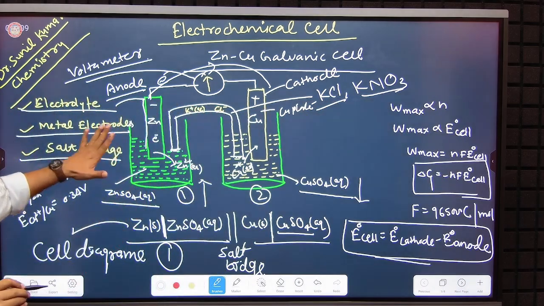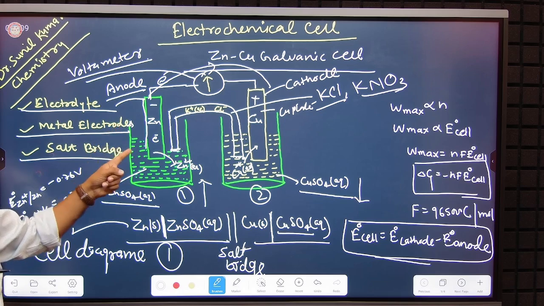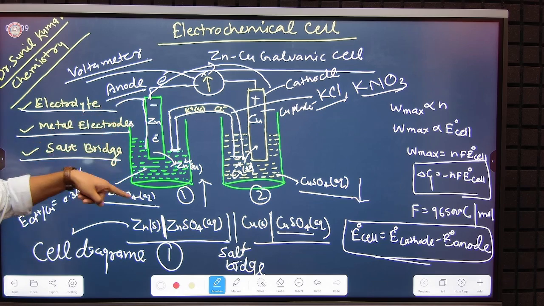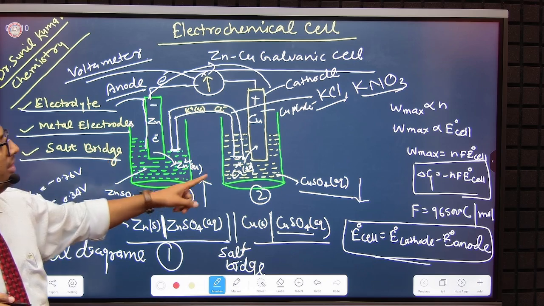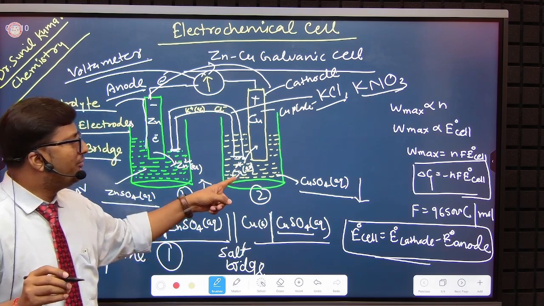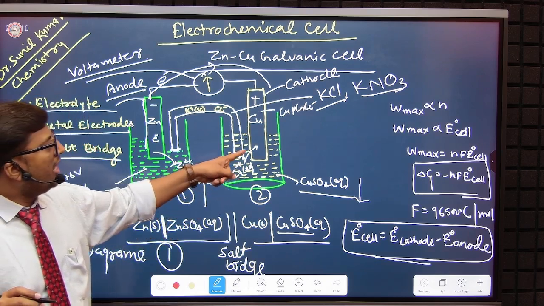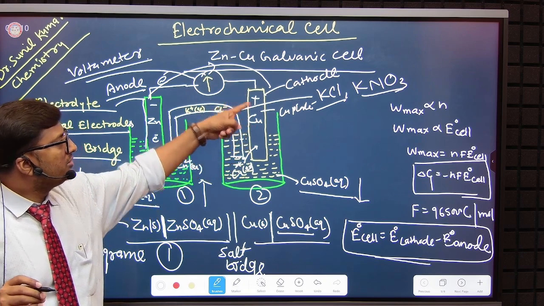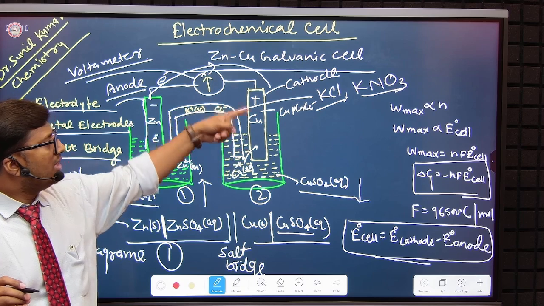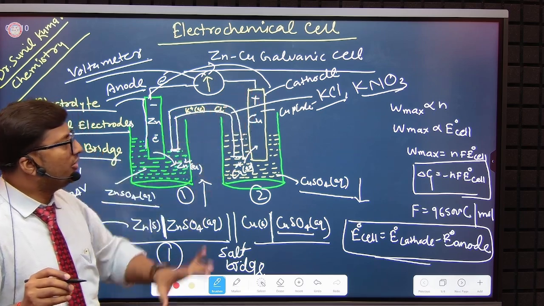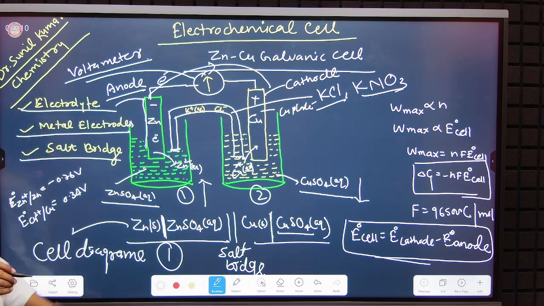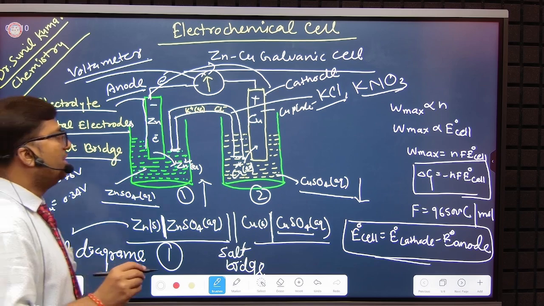So what happens here? Zinc reduces the weight or mass of this plate because it goes into the solution, whereas here copper 2+ itself is deposited as copper onto this particular copper plate. So the mass of the cathode increases and the mass of the anode decreases.